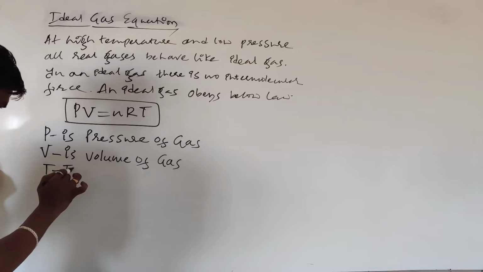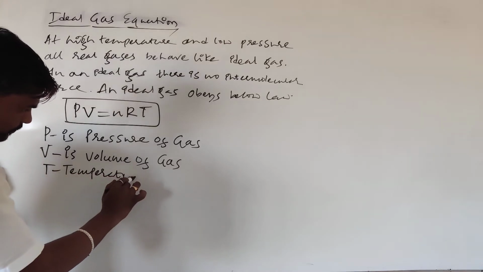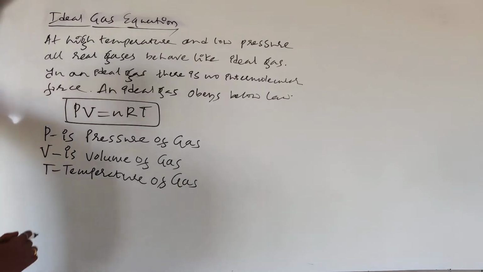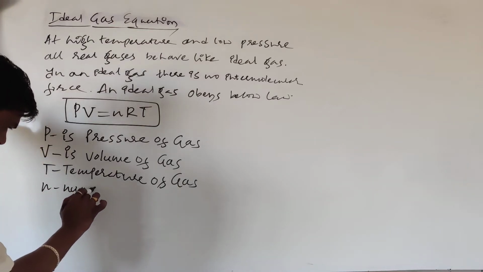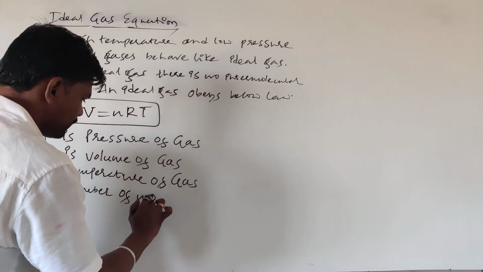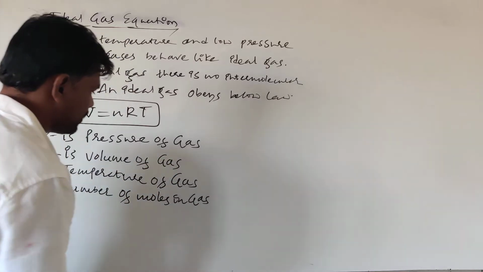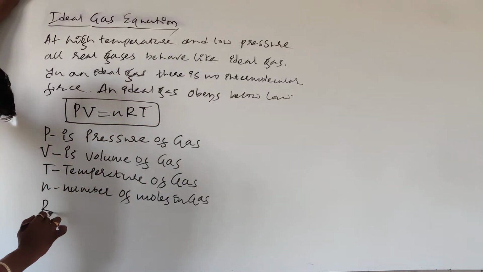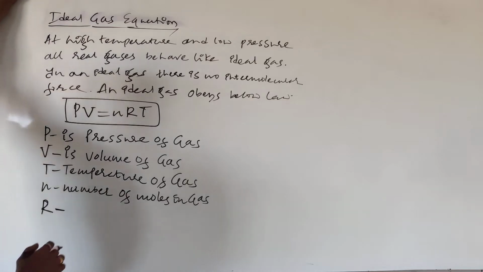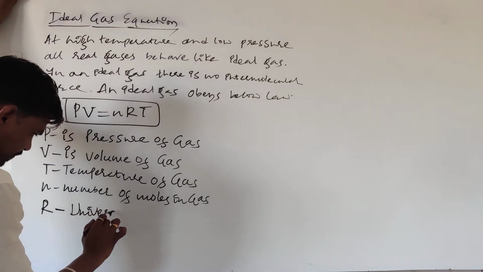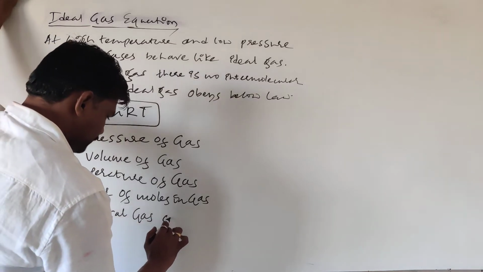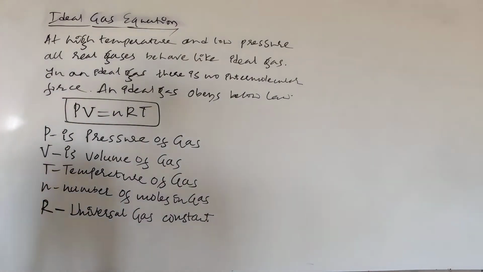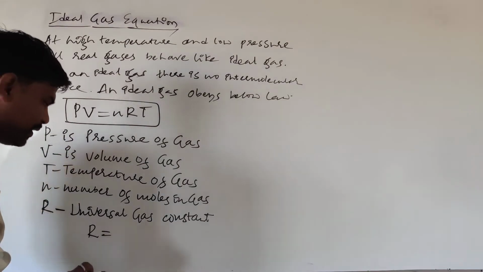T is the temperature of the gas. n is the number of moles of gas. And R is the universal gas constant.